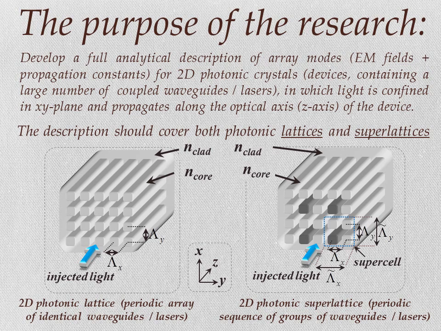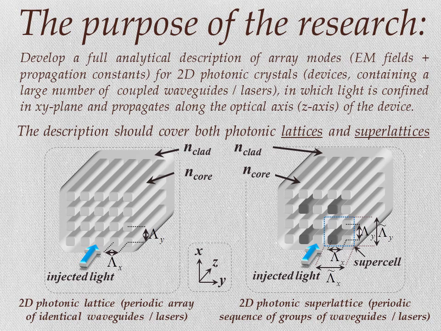The purpose of the research was to develop a full analytical description of array modes, electromagnetic fields and propagation constants for two-dimensional photonic crystals, namely devices containing a large number of coupled waveguides or lasers, in which light is confined in the XY plane and propagates along the optical axis or Z-axis of the device.